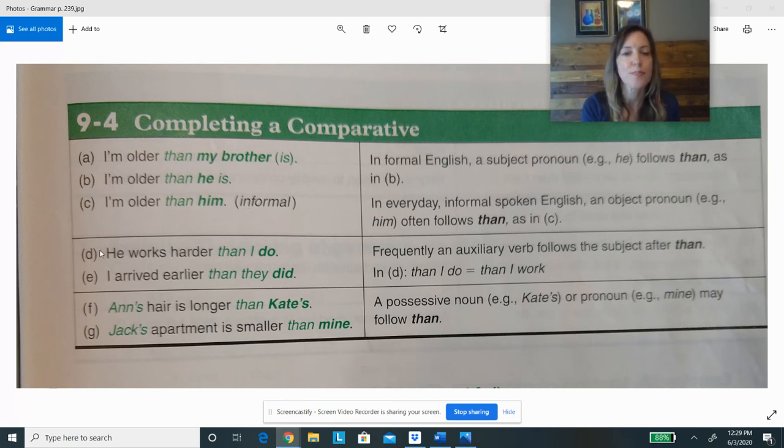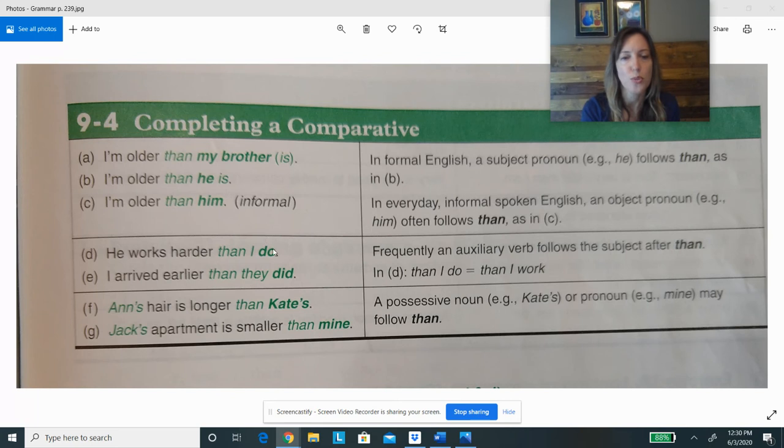2 more examples. D, he works harder than I do. E, I arrived earlier than they did. Okay, so here they're showing you that the verb is not the same as the verb over here. It's the helping verb that goes with this verb. So when you have a verb that is not a be verb in the present tense, the auxiliary verb that matches that verb, like I do work on Sundays, is present tense is do or does. Okay, he works harder than I do.